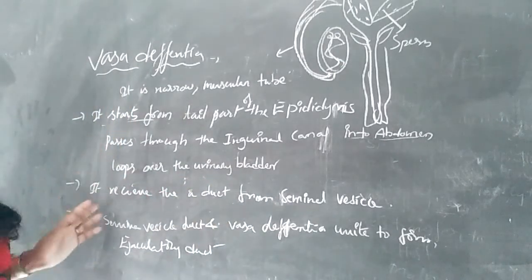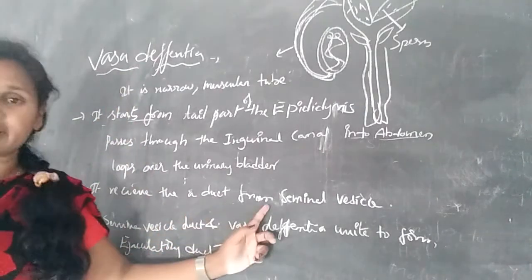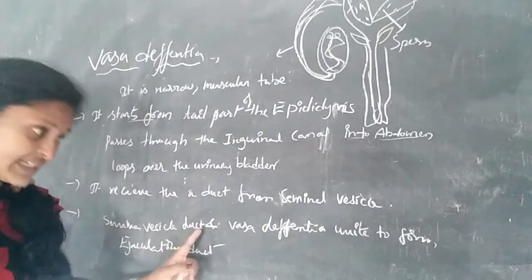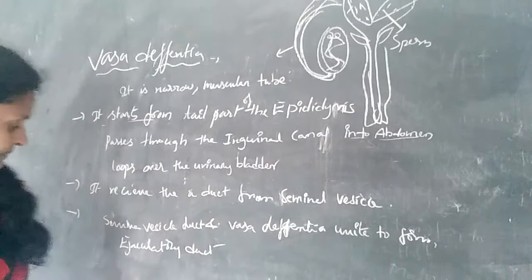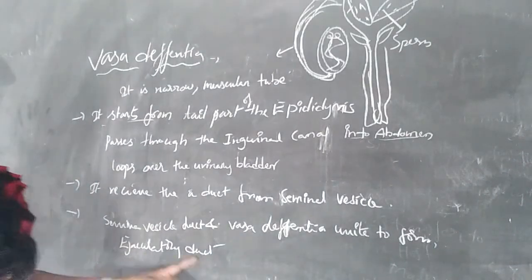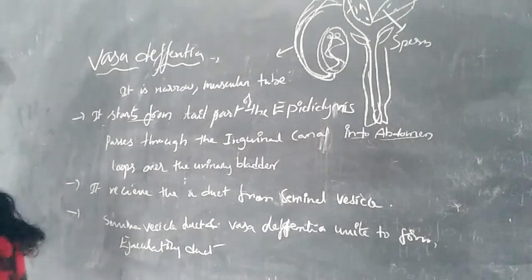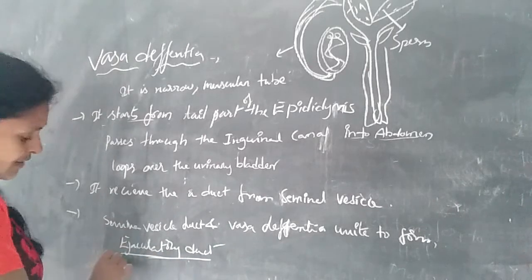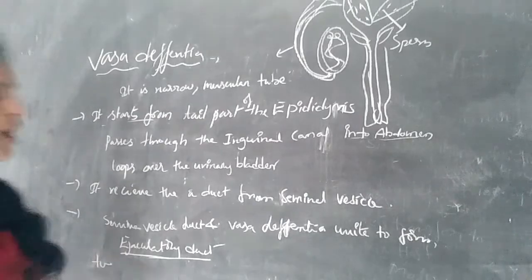Now see this. The vas deferens receives the duct from the seminal vesicle, and they unite to form the ejaculatory duct. The two ejaculatory ducts carry the spermatozoa to the outside.